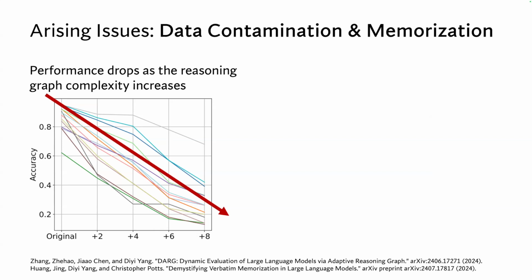On my screen is a recent study where we look at whether models can really understand math reasoning tasks well. We did perturbation where we changed the wording and the complexity in the same problem setup. As we can see, when we increase the difficulty of problems, the accuracy drops significantly. This is on one of the widely used math reasoning datasets.